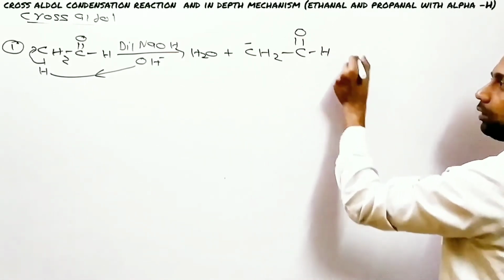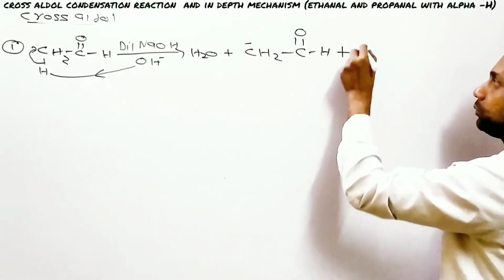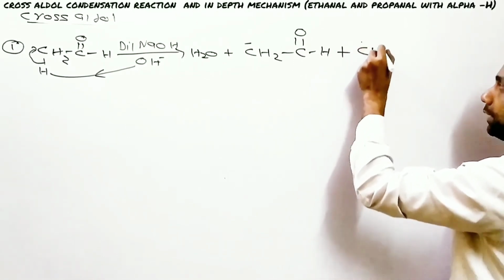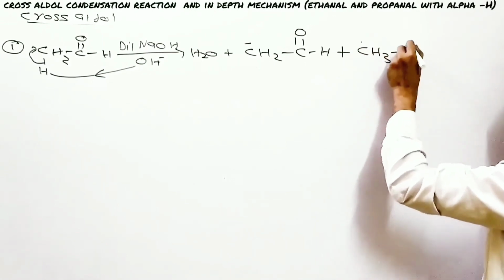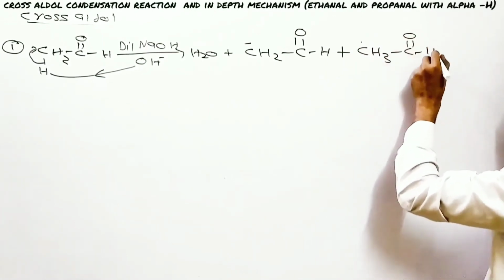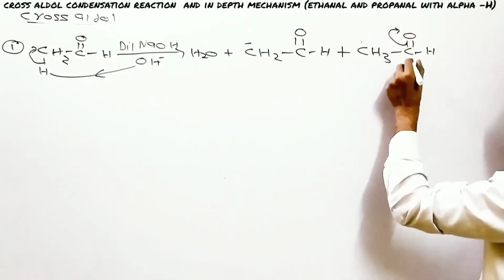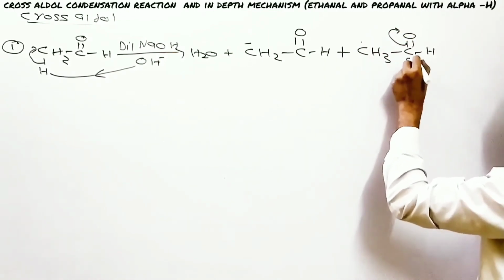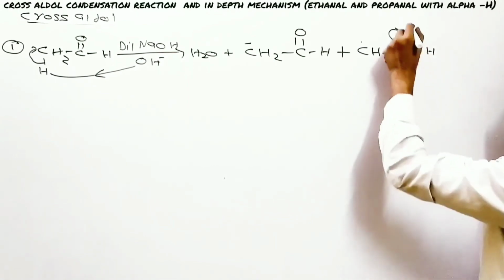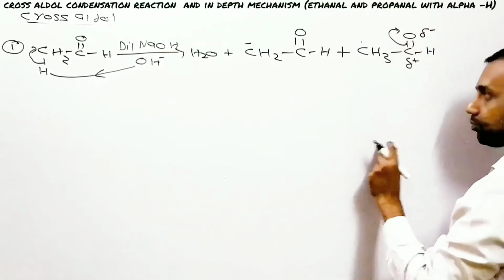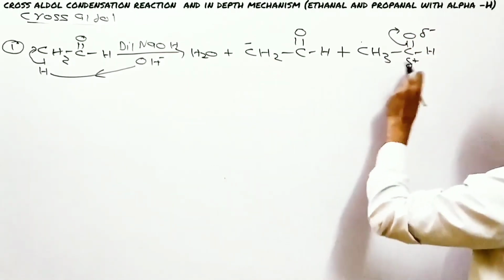Then you treat this product with the second molecule of ethanal. This bond undergoes cleavage, and you have a partial positive charge here and a partial negative charge here. So this carbon attaches itself to this carbon.